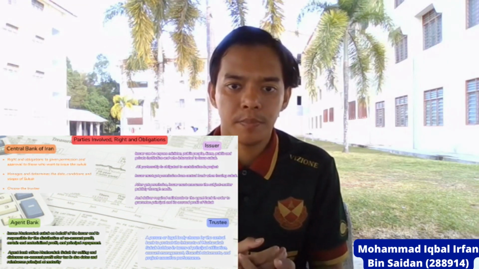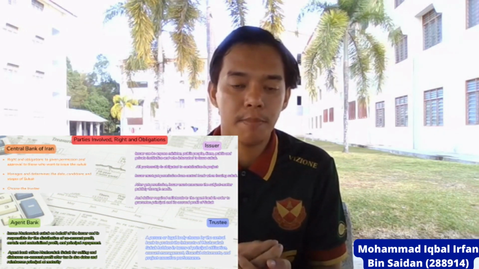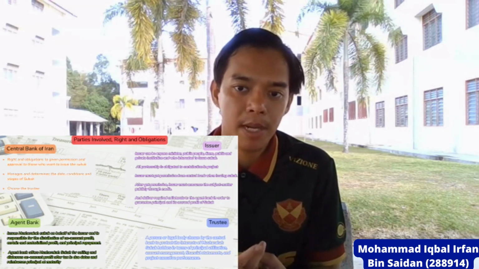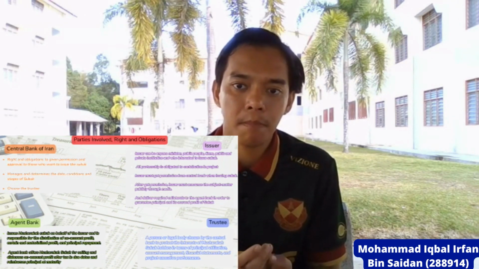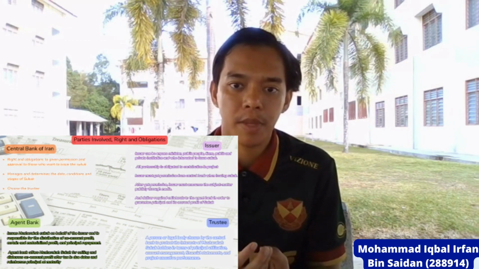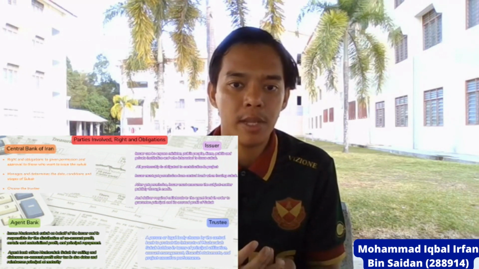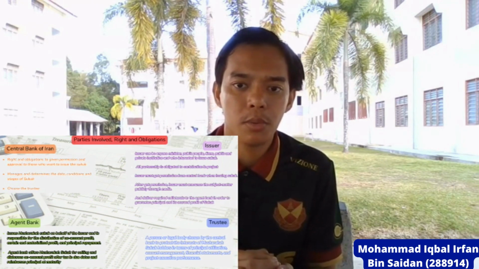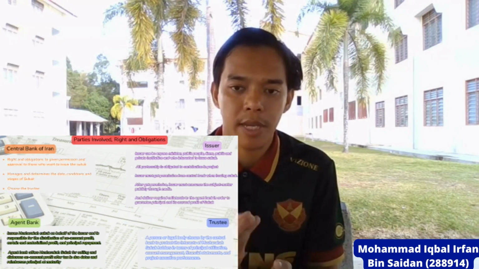Next is the issuer. The issuer can be anyone that can issue the Musyarakah Sukuk, like a minister, public people, government, firm, public and private institution, and anyone that is permitted to issue the Sukuk. All partners agree to contribute to the project.